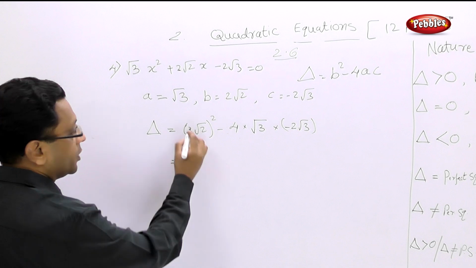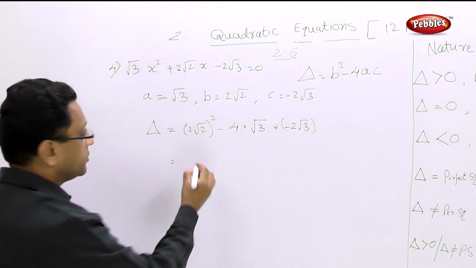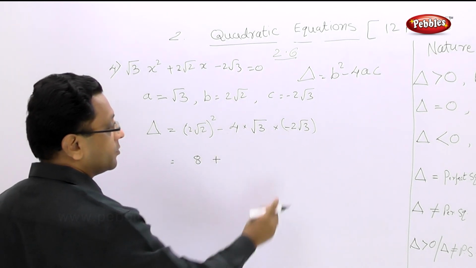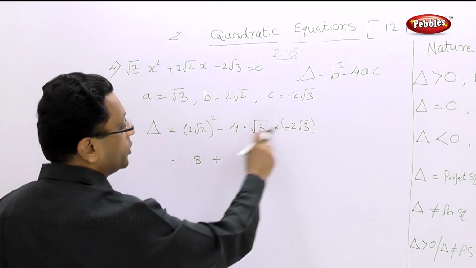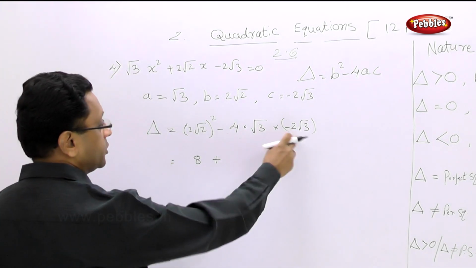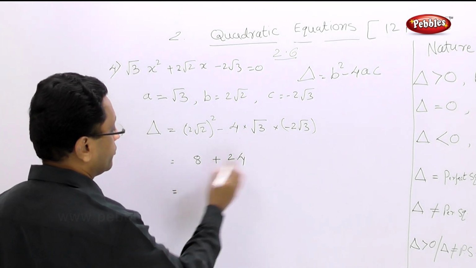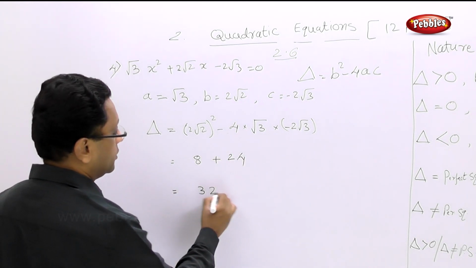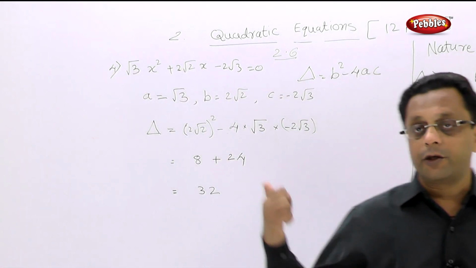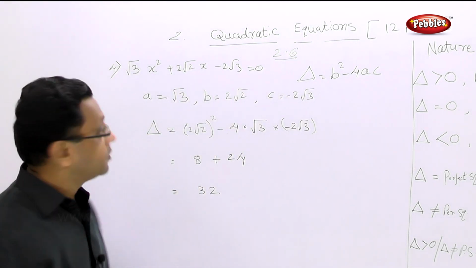Very simple. This will be 4 into 2, 8. This minus sign and this minus sign will become plus sign, and √3 and √3 is 3. 3 2s are 6, 6 4s are 24, and your answer is 24 plus 8 is 32. So your discriminant is 32 in this case.